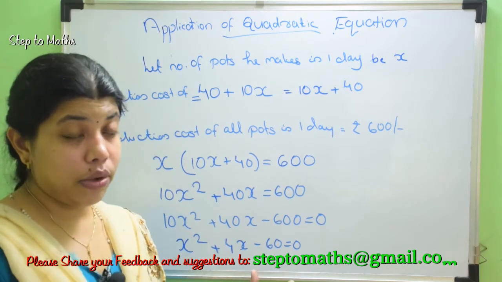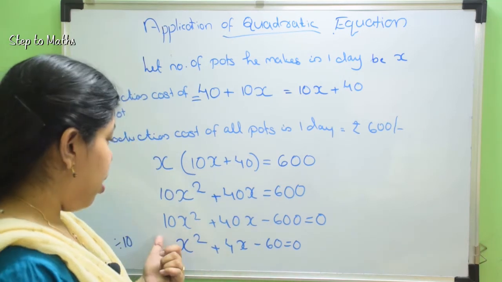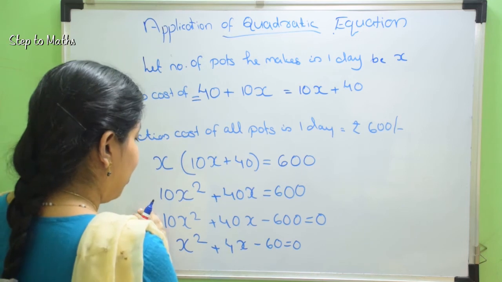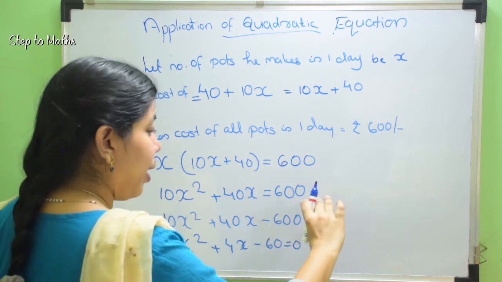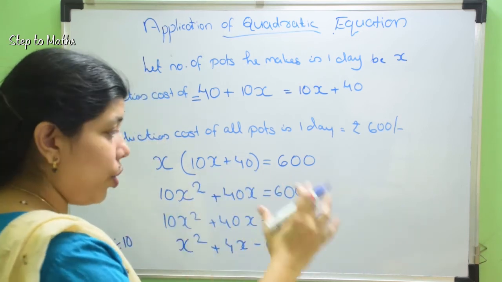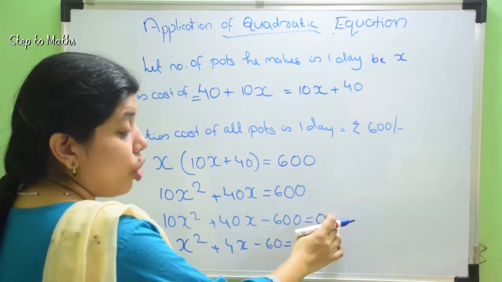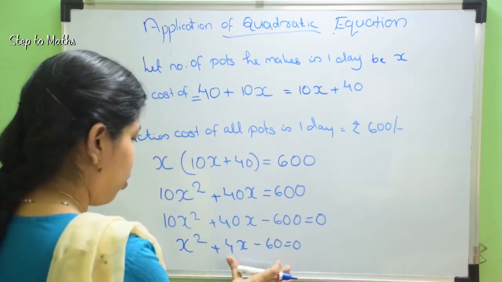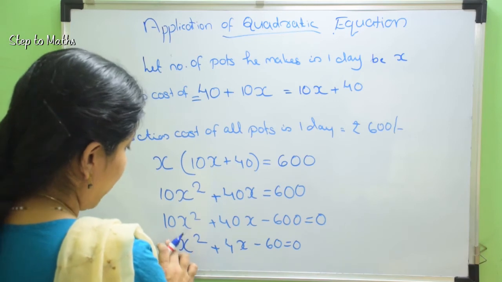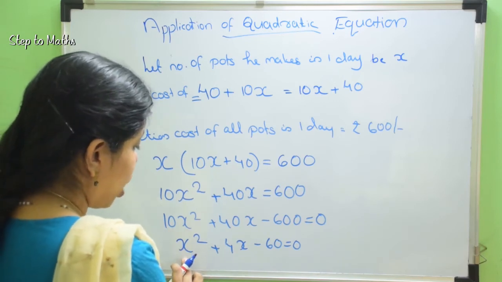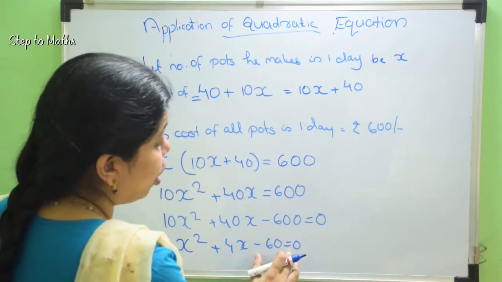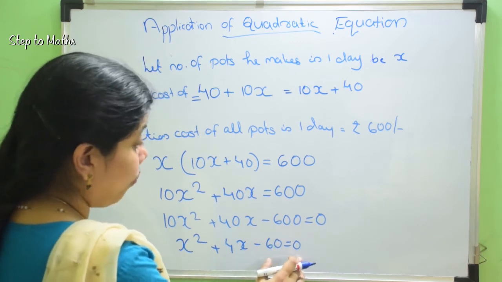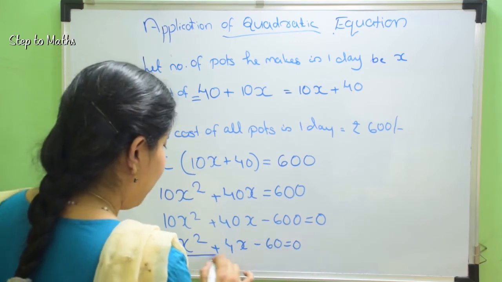Then the value of equation cannot be changed. Actually, this equation's left side and right side divided by 10. 0 divided by 10 is 0. So we can write this equation in simplified form as x square plus 4x minus 60 is equal to 0. We get the quadratic equation.